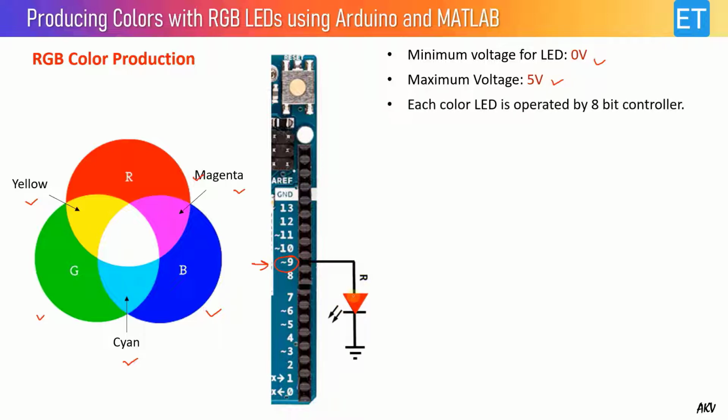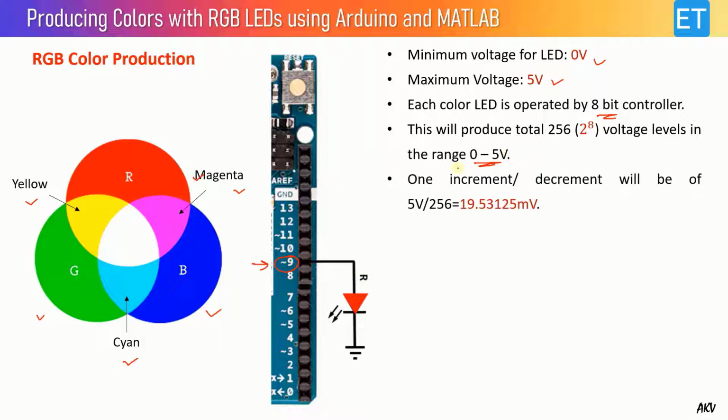And actually this LED, you can say, is controlled by the 8-bit controller inside. It means because of this 8-bit controller, you can have a total of 256 variations in the voltage in this range from minimum 0 to maximum 5 volt.